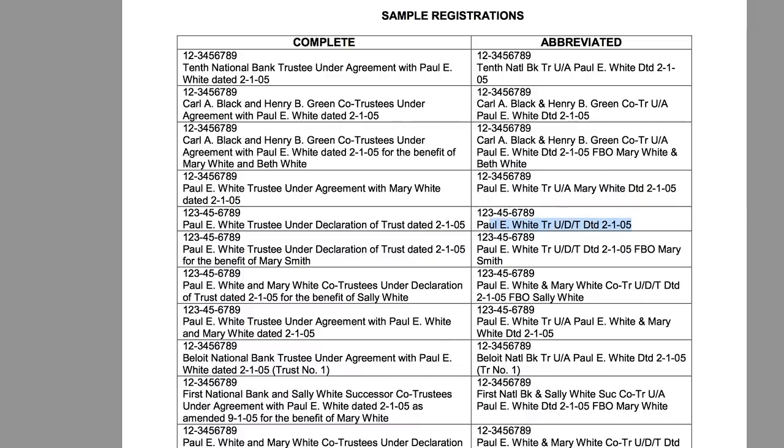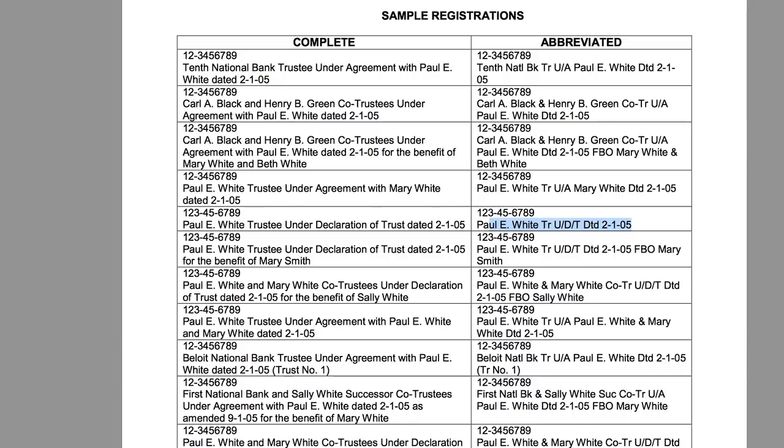This is the whole trust right there. You don't see the documents or the instruments, but that lets you know who the trustee is, the date of the trust instrument or the declaration of trust, which is an affidavit. Once again, it's a deed and it's a conveyance, because a declaration of trust, which is a will, I'm going to show you in a second, is an express intention of the grantor.